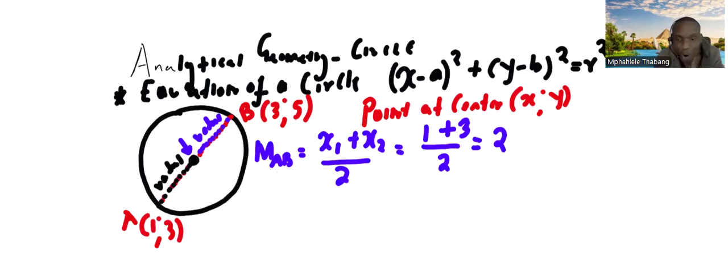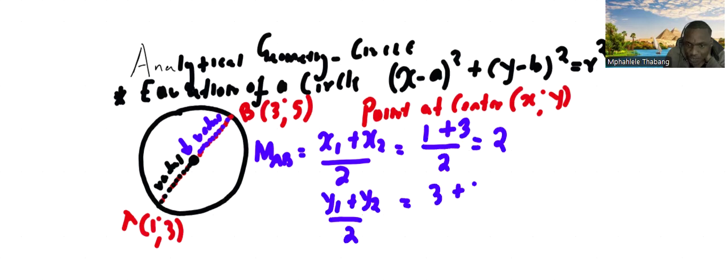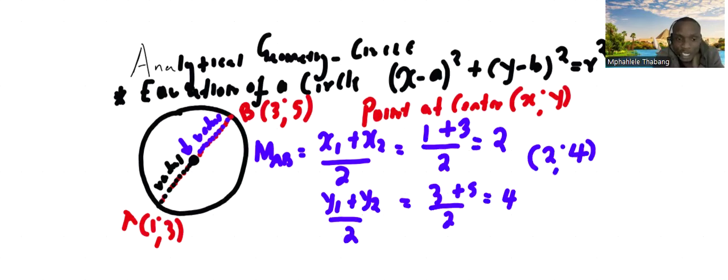So the x midpoint is 2. Now the y midpoint: y1 plus y2 divided by 2, which is 3 plus 5 divided by 2, which is 8 over 2, which is 4. So the point at the center of the circle is (2, 4), the midpoint of the diameter. The midpoint of a diameter gives you the central point.